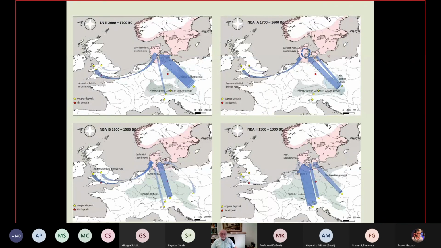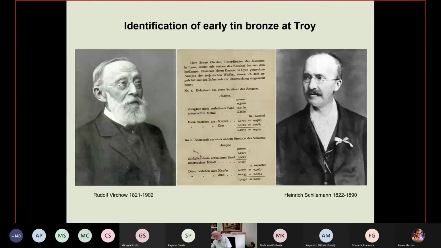Some input from the British Isles continues, and it phases out in the late Bronze Age, where now we see a different player coming in, namely the Southern Alps, that's northern Italy, the Trentino, which supplies the bulk of the copper to southern Scandinavia, with some copper also from Slovakia. But we do not find any copper from the Mediterranean. So all the clever models that have been developed on this basis are flawed.